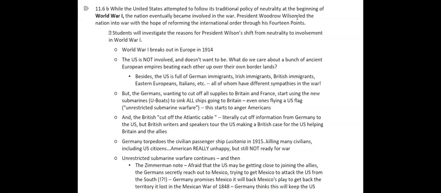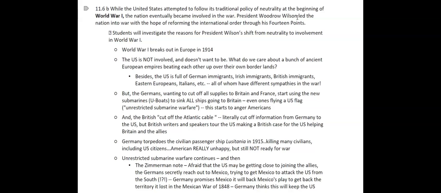So it cuts off information from Germany, and British writers and speakers start touring the United States, making the British case for the U.S. helping Britain and the Allies. So the Americans aren't hearing much from Germany. They're hearing a lot from Britain, and all they know about Germany is the Germans keep torpedoing American ships.